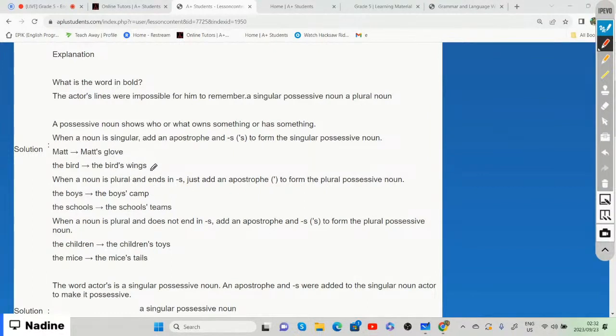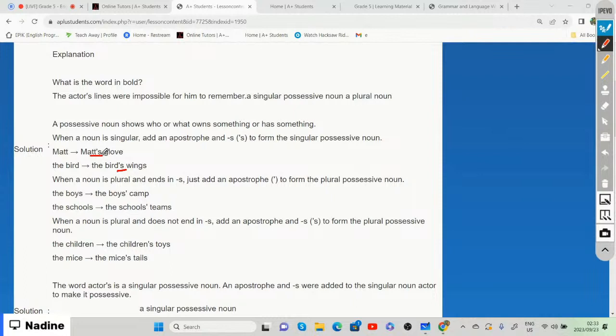All right, so that is basically possessive nouns. It shows ownership, or it shows that something belongs to you.